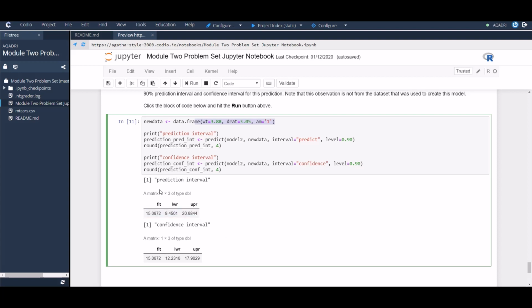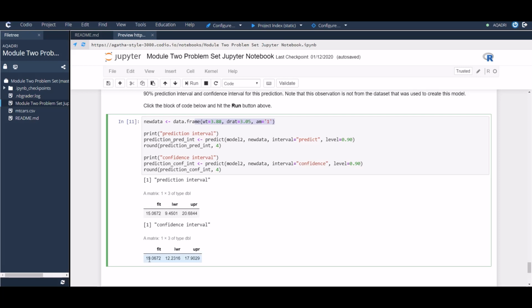But then the prediction interval is wider than the confidence interval, just like I mentioned last week, because in the prediction interval, you're really predicting just one specific value. And so there's more uncertainty in predicting just one value. Whereas the confidence interval considers average prediction.